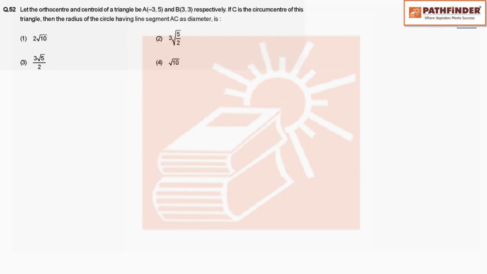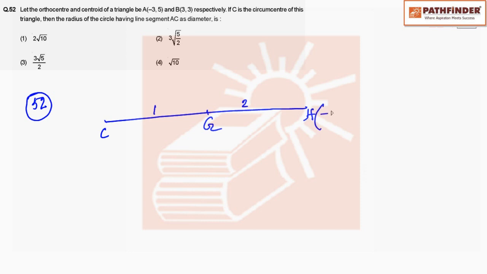Now we start with question number 52. It is given the orthocenter and centroid of a triangle. We know the centroid G divides the line joining the circumcenter and orthocenter H in a 2:1 ratio. Now A is the orthocenter, A is minus 3,5, and B is the centroid, which is 3,3.